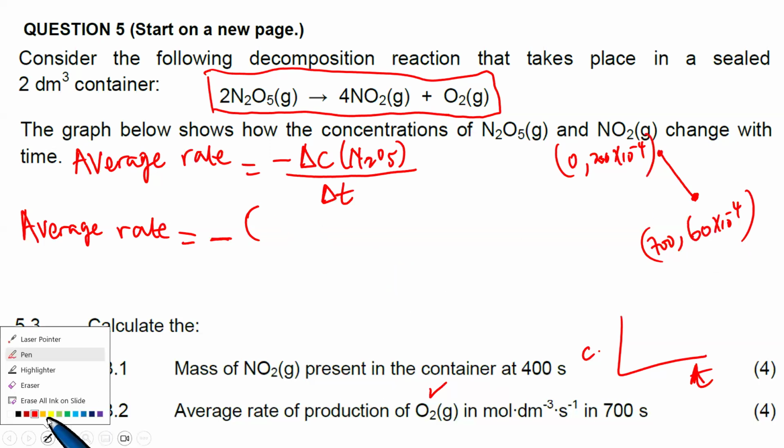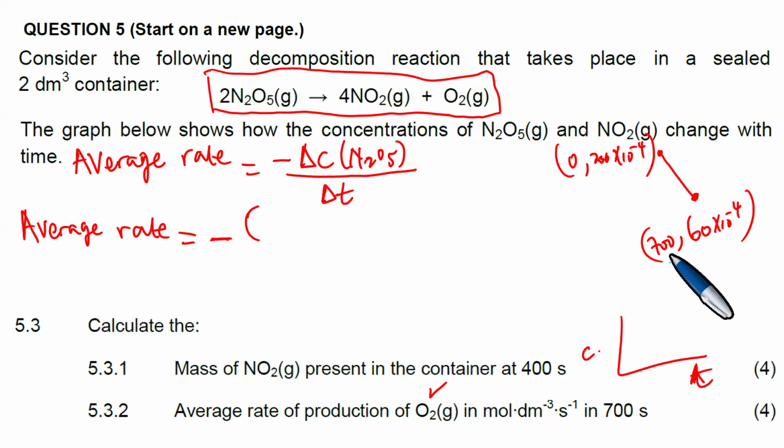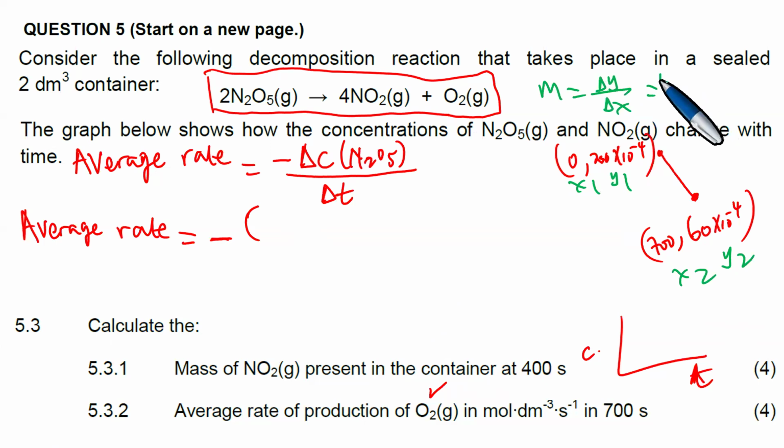So this thing here is a change in concentration. One way to do this is to say, this point initially at time 0, and at time 700. So we have x1, y1, x2, y2. We use what we use in analytical geometry. Slope is y2 minus y1 over x2 minus x1.